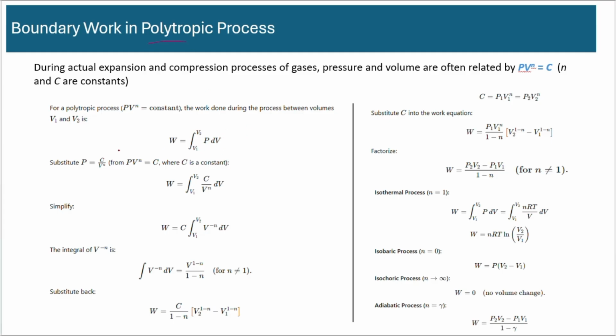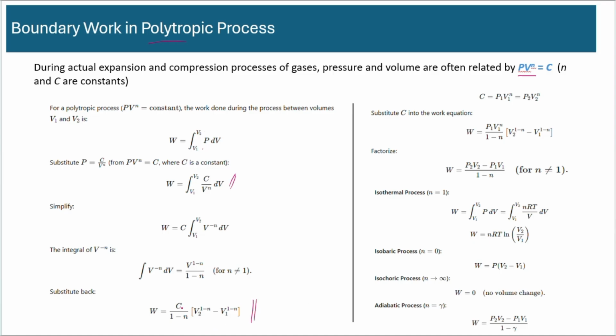If you look at the relationship, it is PV raised to the power of n is constant, right? So what you're trying to do is an integral of PdV from volume 1 to volume 2. Now you can replace the pressure term with C V to the power of n and do the integral, and it will come out to be in this form.